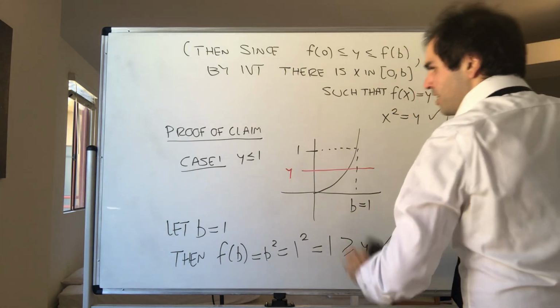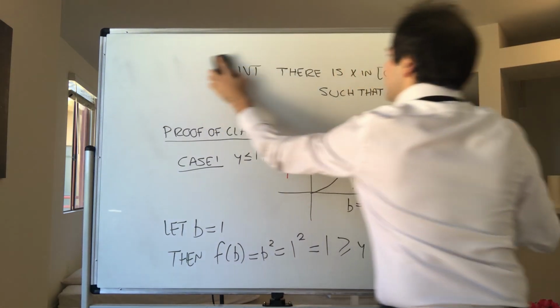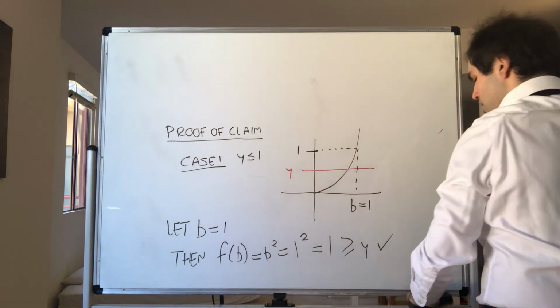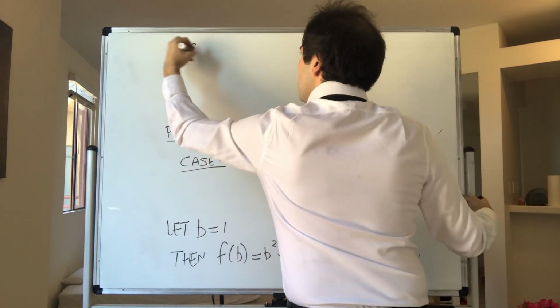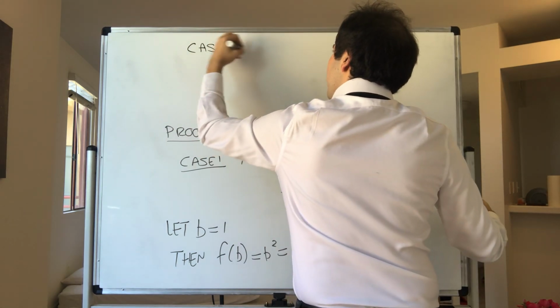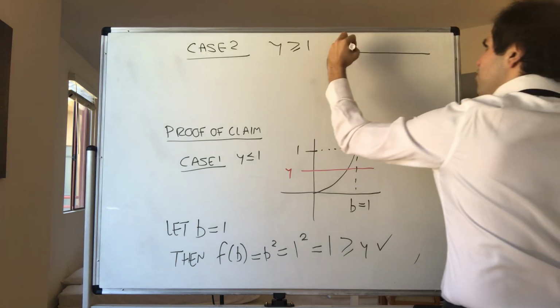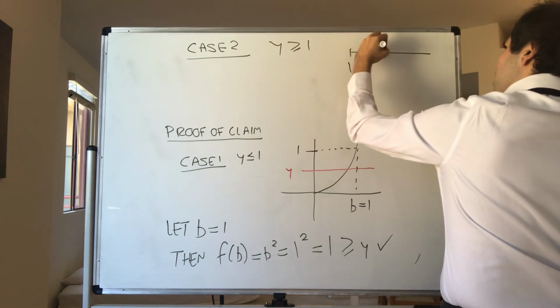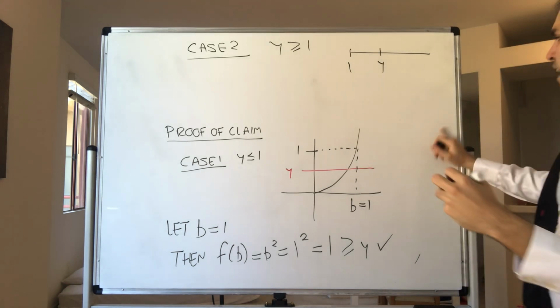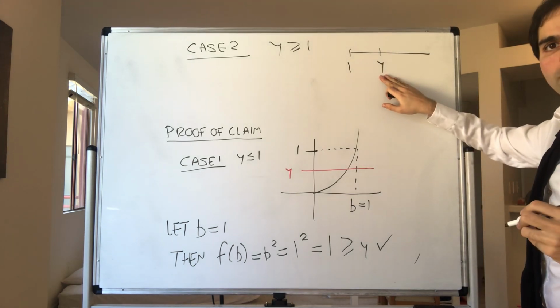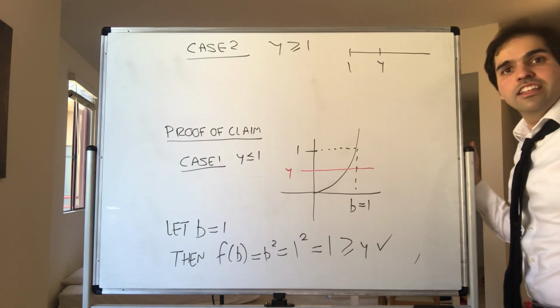So we have that, and then the other case is similar. Case 2, well, if y is greater or equal to 1, then notice the following. So this is 1, this is y, and the square of a number greater or equal to 1 is bigger than itself.